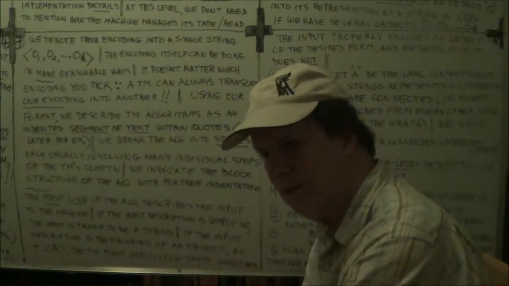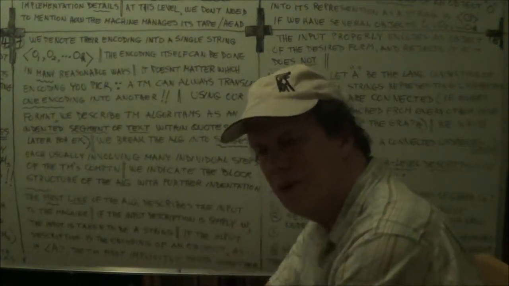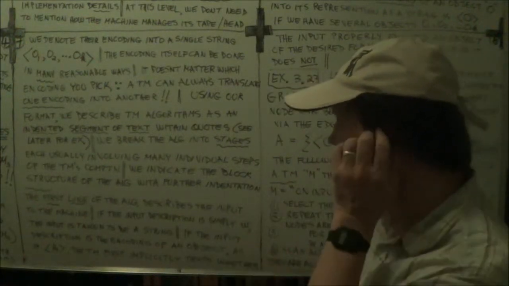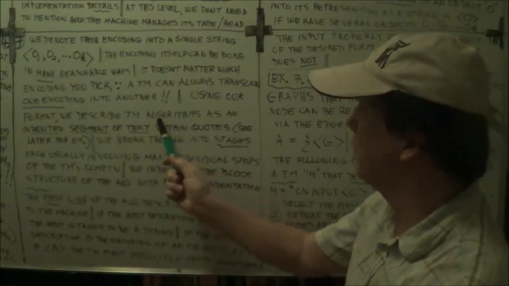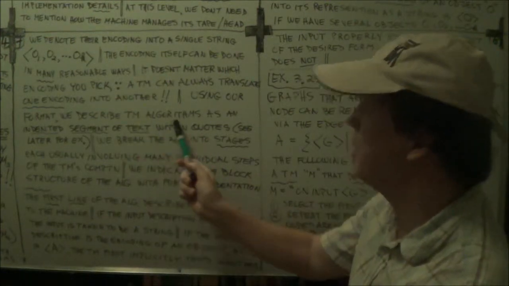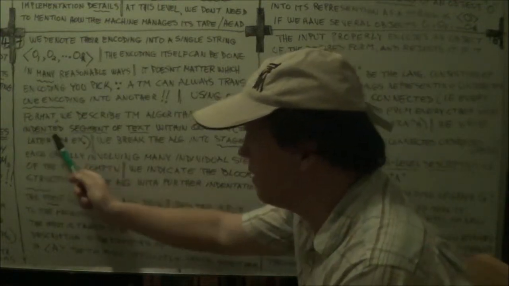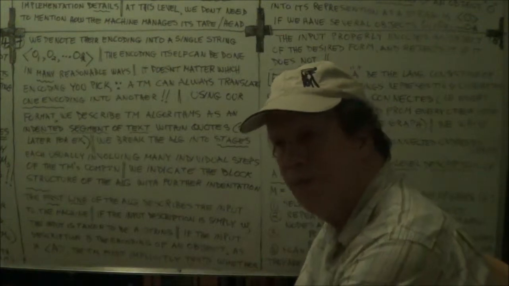What notation do you use, and how does it look? What's the formatting? Typically, your Turing machine algorithm will just be indented blocks of text, English prose, in other words.